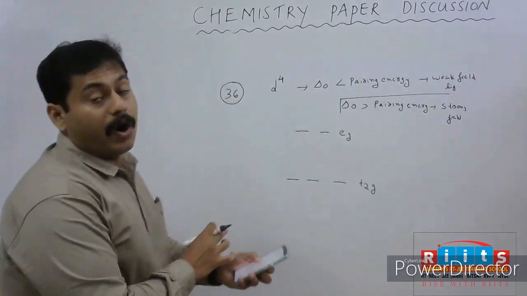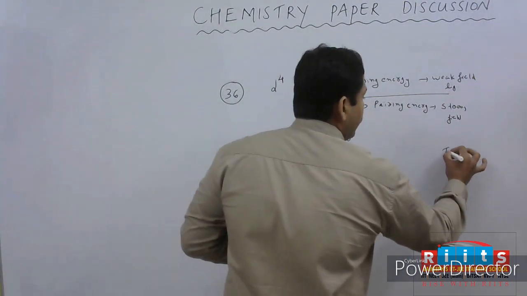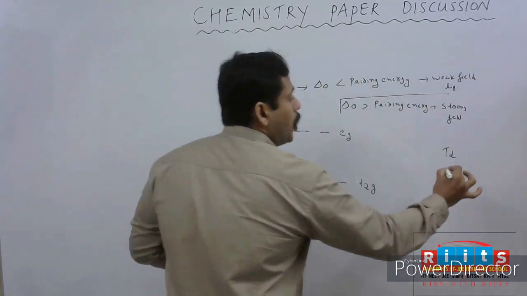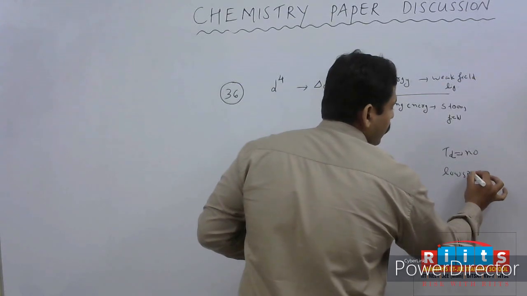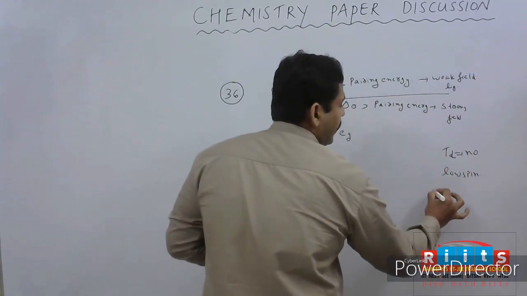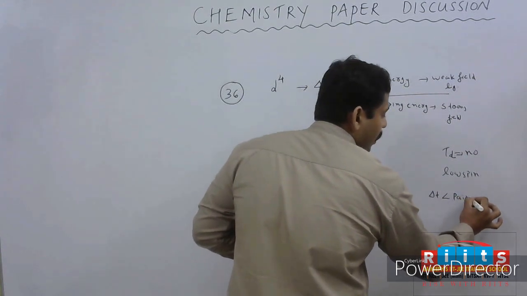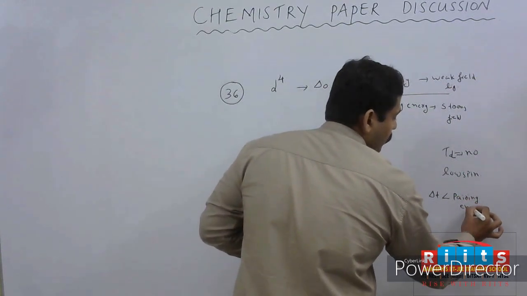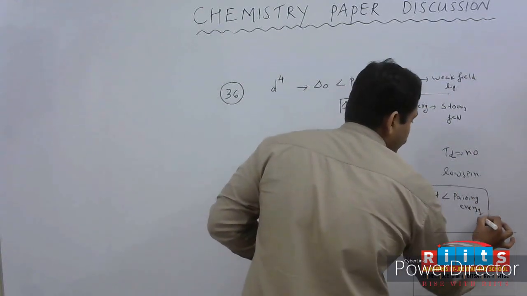But don't forget that for a tetrahedral complex, that is Td, there is no low spin complex. It means delta T is always less than the pairing energy. That is also very, very important, the pairing energy for a tetrahedral complex.